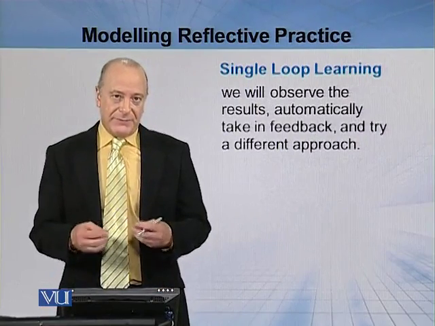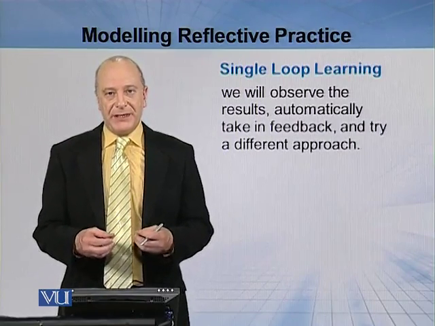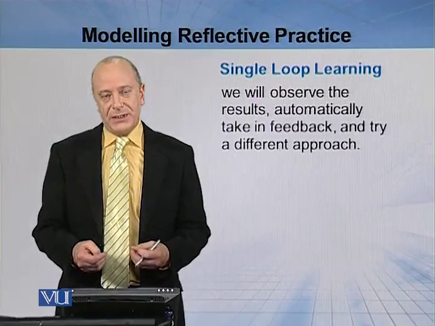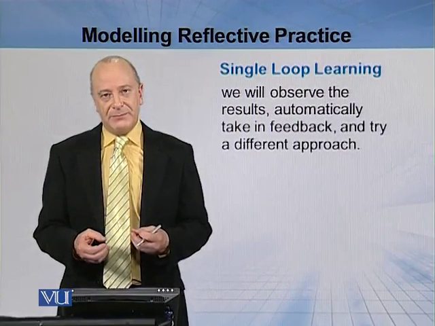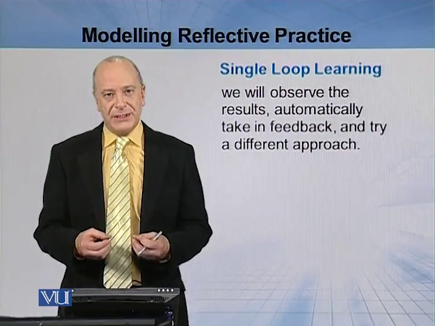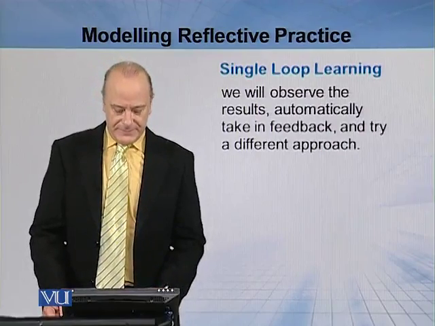And therefore, there's a certain amount of automaticity about how the teacher approaches their work in the classroom. There's less thinking and trying out new ideas, rather than just relying on old practices.